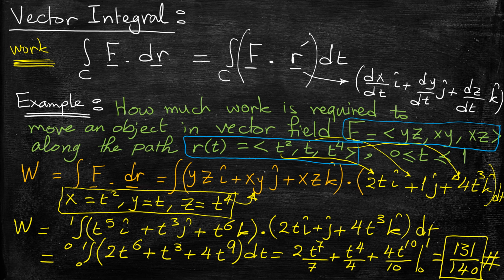This t is defined between two values, 0 and 1. So these are the limits of integration. And then after substituting here, we can get the value of this line integral.